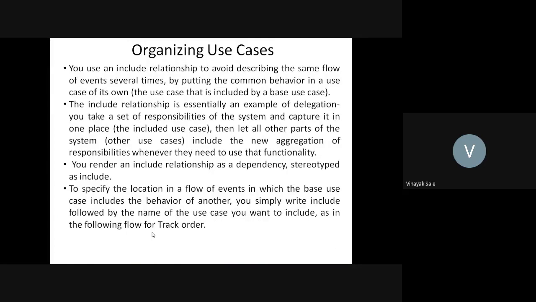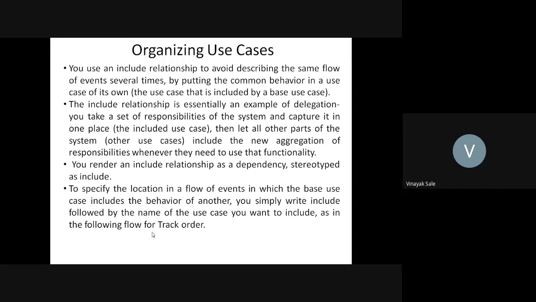So you use an include relationship to avoid describing the same flow of events several times, by putting the common behavior in a use case of its own. The include relationship is essentially an example of delegation.